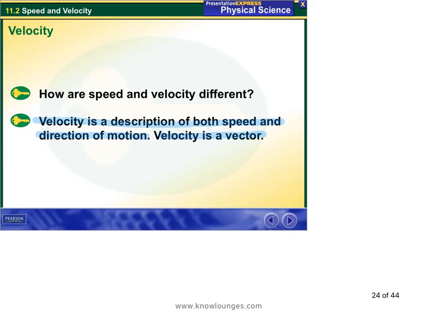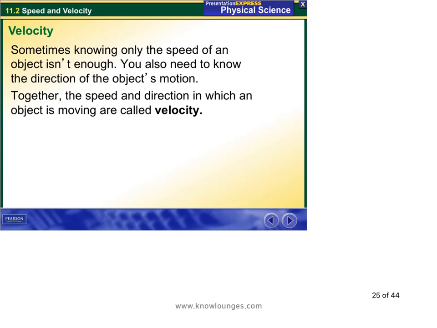Speed is a scalar, like distance was a scalar in the last section. So sometimes knowing the speed isn't quite enough. We need to add that direction component and use the idea of a vector.